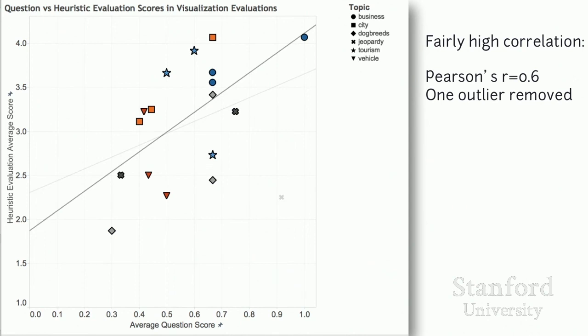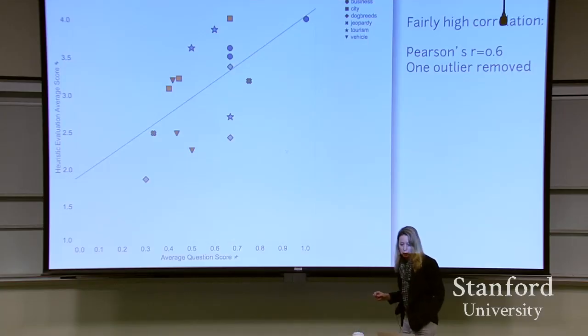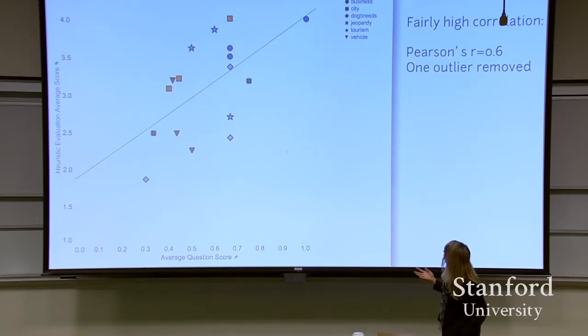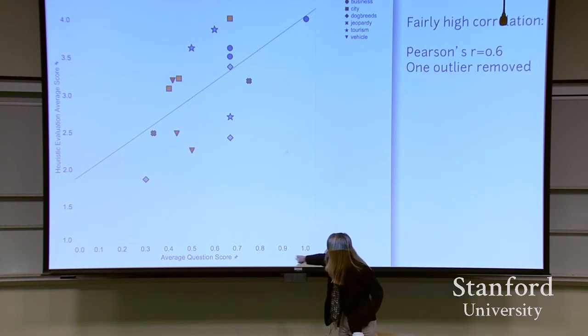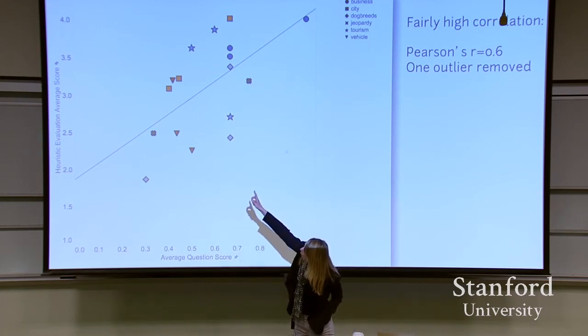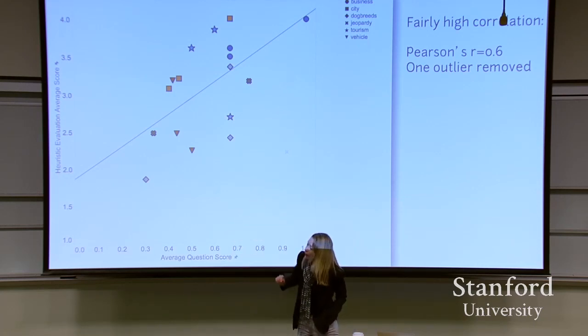And then when we plot these, we get a fairly high correlation, especially when we removed one outlier, which you can see here kind of pale. So what I'm showing here are the 6 data sets, which each have 3 visualizations, so there are 16 points with the average question score on one axis and the average heuristic evaluation score on the other axis.